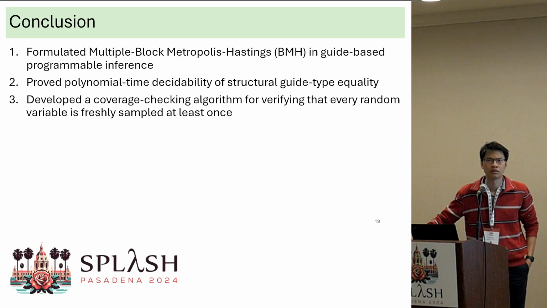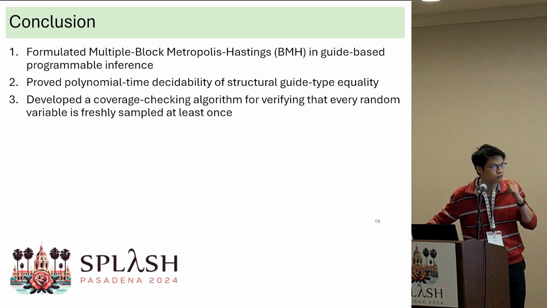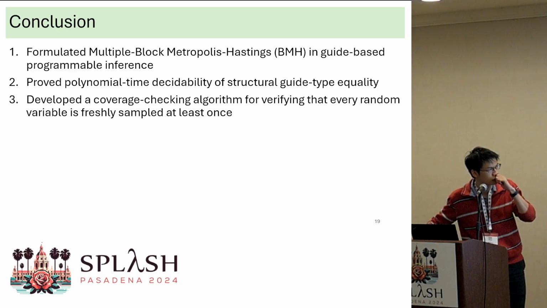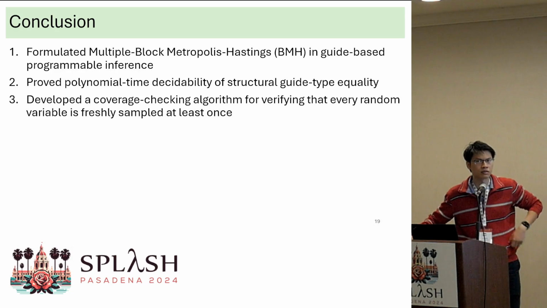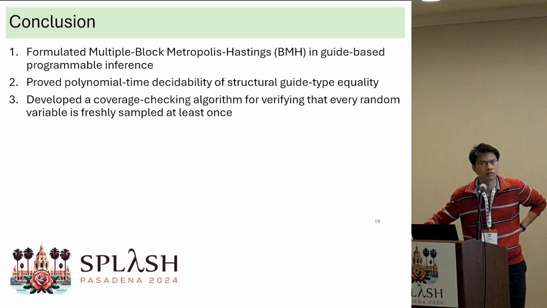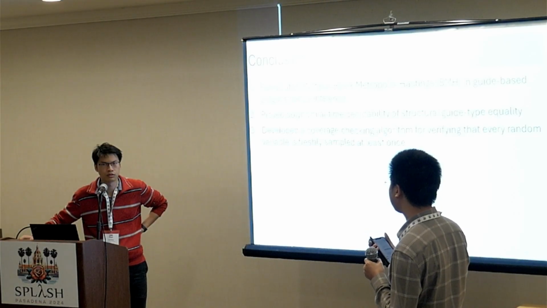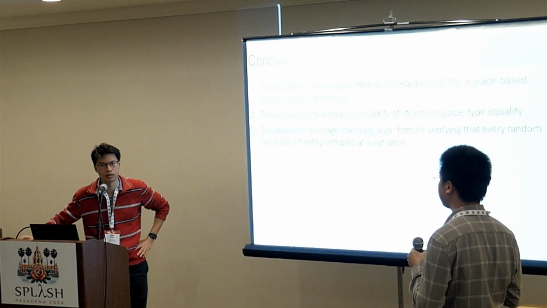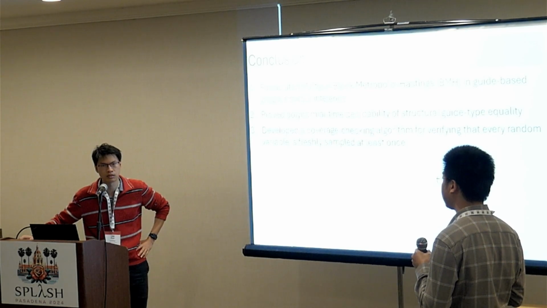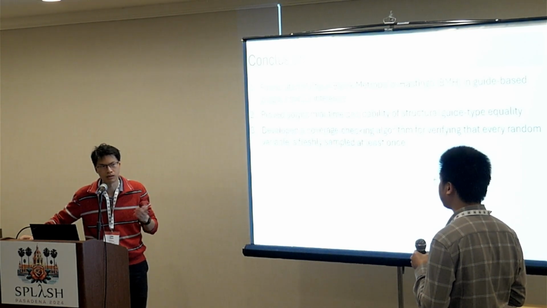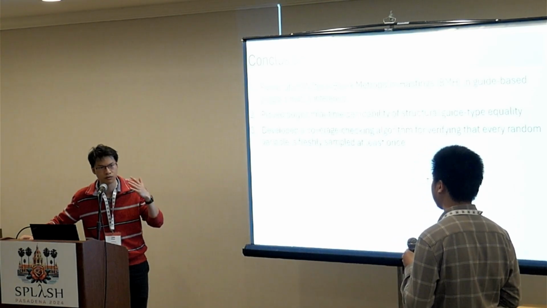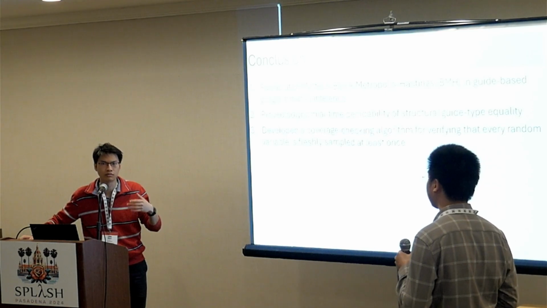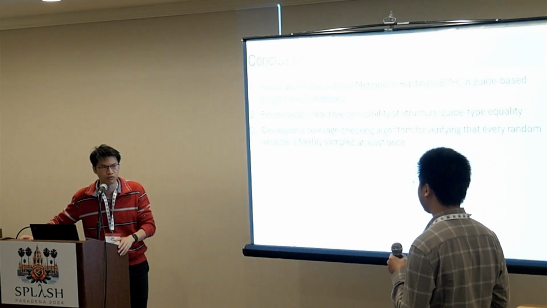But for equality checking of types, let's say the guide and model have unequal types, then we can return some intermediate states of the algorithm that we use to check type equality, and those intermediate states may be useful to the user. But back to your question, we don't aim to return useful error messages. I think that would be future work.